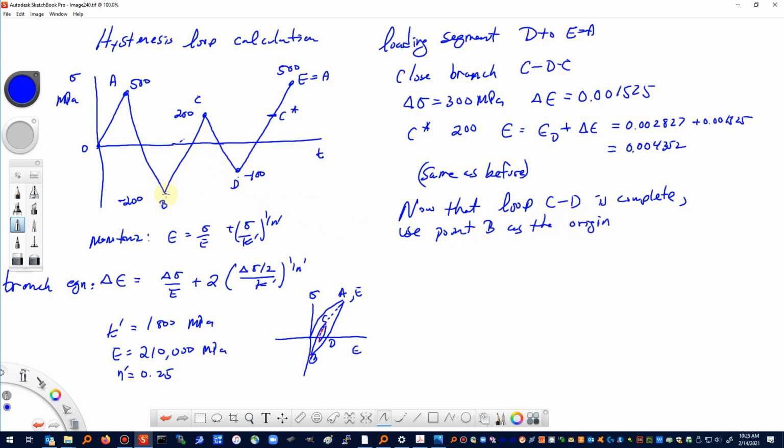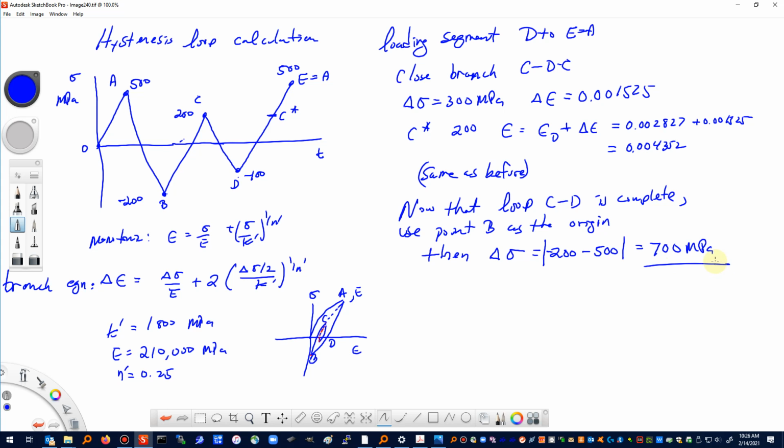Okay, so now with point B as the origin, the change in stress goes from minus 200 to 500. Okay, so the total change in stress is 700 megapascals.